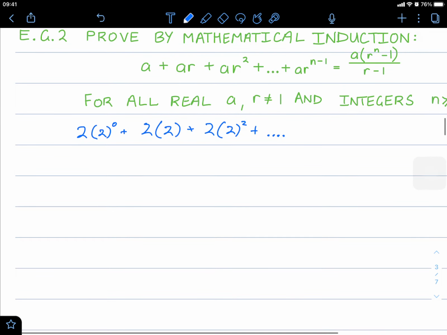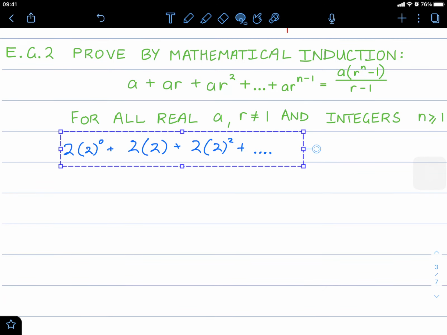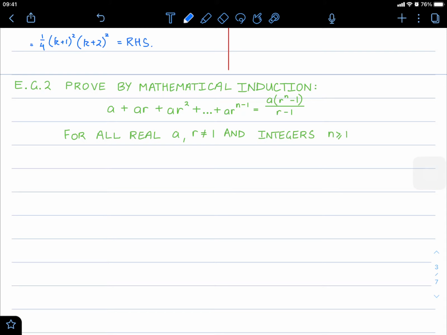What this is saying is that if a were 2 and r were 2, is it true that this is the sum of that series? So we're only looking at this in terms of n.